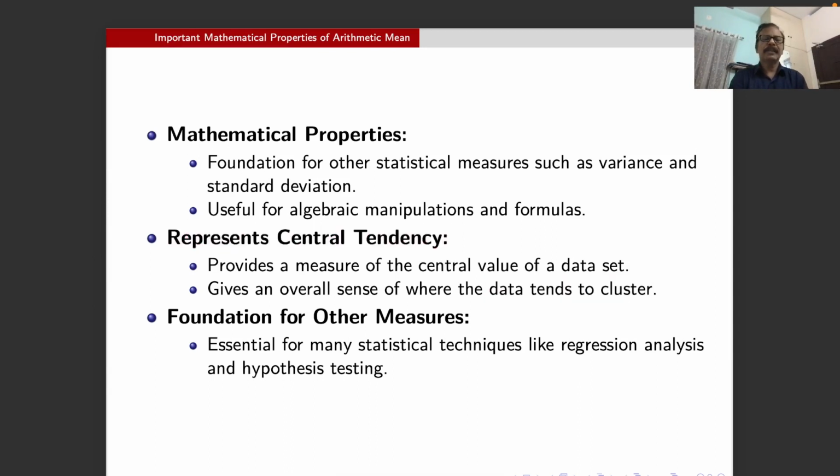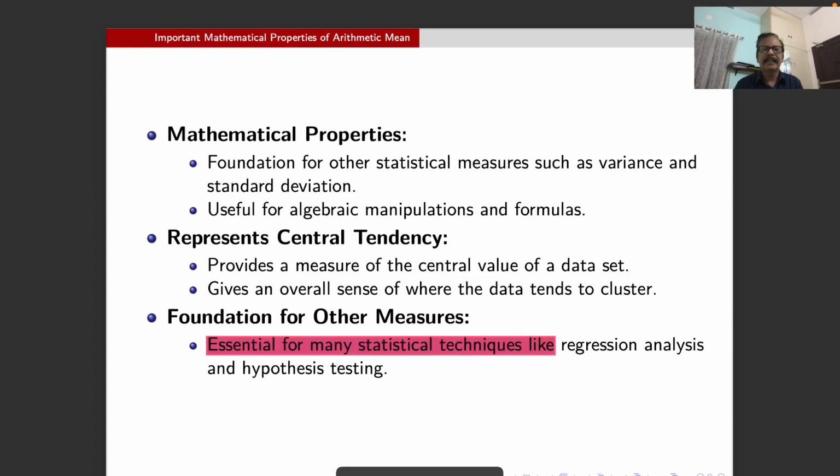So it represents the data to a great extent. And also it is a foundation for other measures as mentioned earlier. It is essential for many statistical techniques like regression analysis and hypothesis testing.